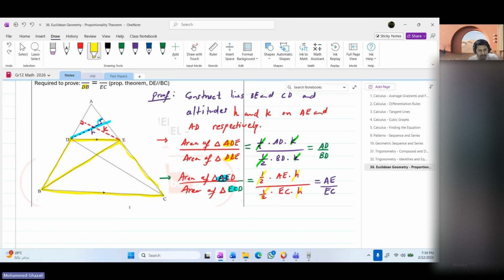Let's take these bottom lines out. We only need to focus on DE, all right? I want you to focus on these two triangles. What's happening in these two triangles here?